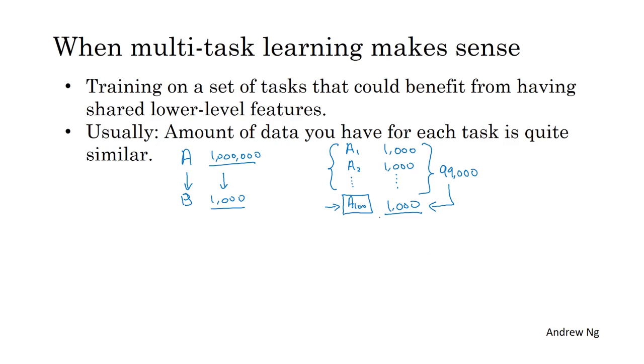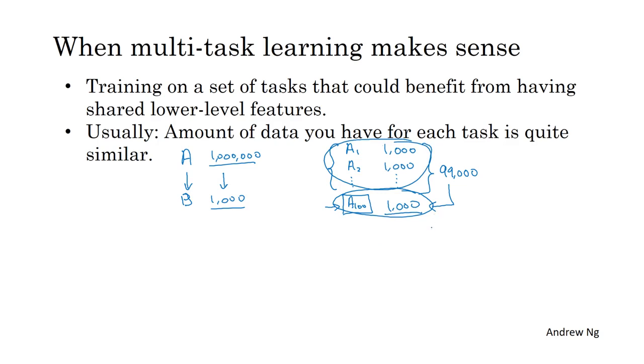And symmetrically, every one of the other 99 tasks can provide some knowledge to help every one of the other tasks in this list of 100 tasks. So the second bullet isn't a hard and fast rule, but what I tend to look at is, if you focus on any one task, for that to get a big boost from multitask learning, the other tasks in aggregate need to have quite a lot more data than for that one task.